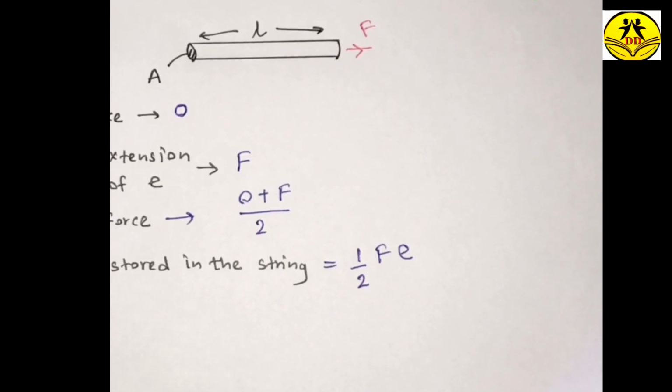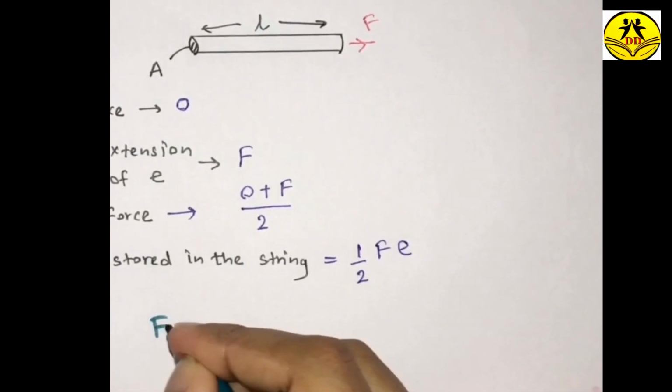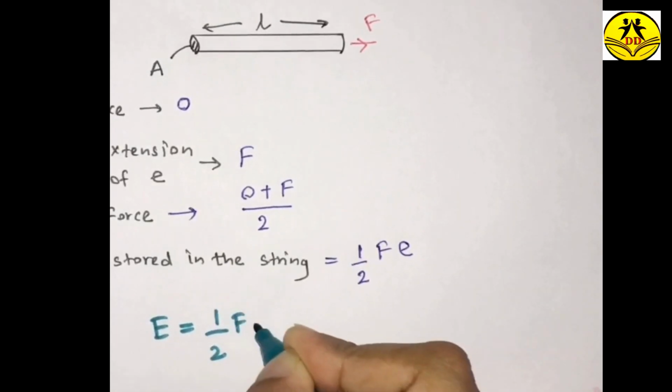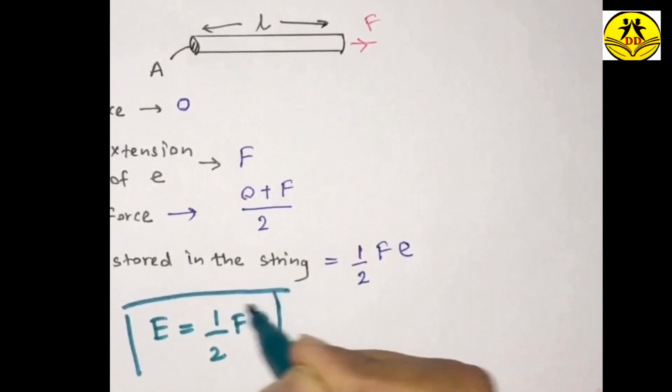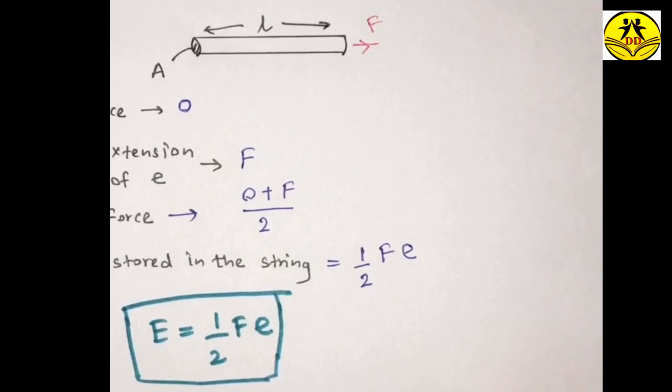So this is the relationship of energy stored in a string. So we can get the equation, that is E equals half F E. This is the equation we use in calculating energy stored in an elastic material.